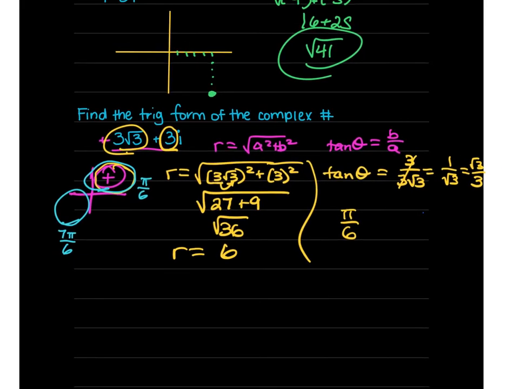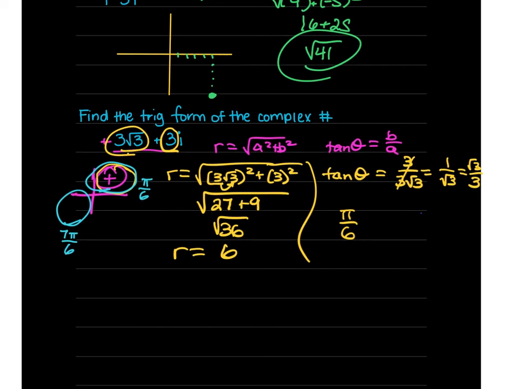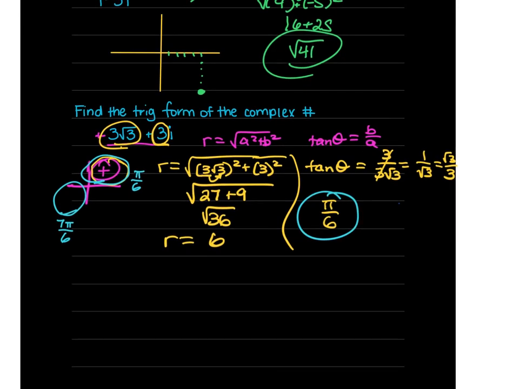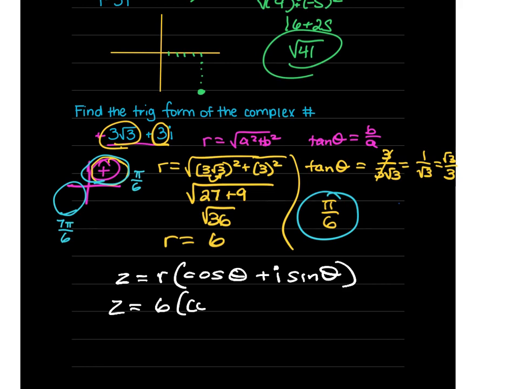But because it's initially plotted in that first quadrant, I know to select pi over 6. And now my trig form is r times the cosine of theta plus i times the sine of theta. So I'd get r, which is 6, times the cosine of pi over 6, plus i times the sine of pi over 6.